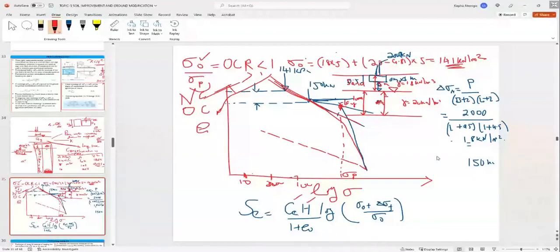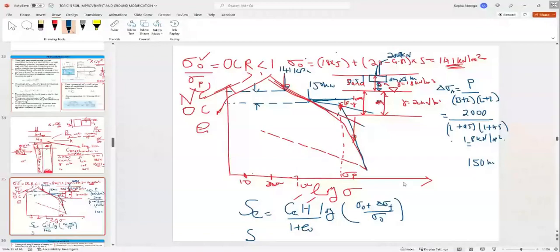Now again, suppose your initial loading was right here. Then your final loading is right here. Now that complicates the equation, because now you have to get the settlement differently.